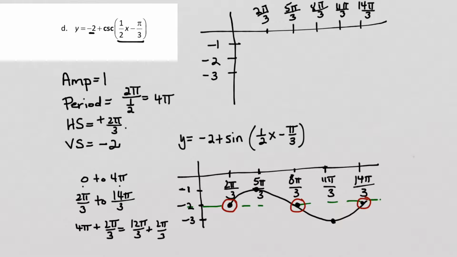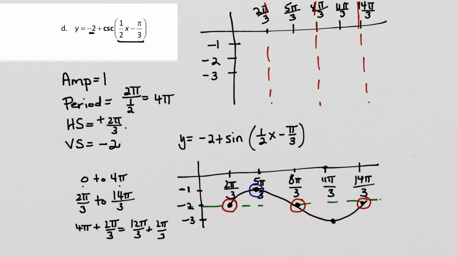Okay. And let's put in our asymptotes, which is at 2 pi over 3. That's coming down. 8 pi over 3 and 14 pi over 3. And now I'll graph the function in blue.